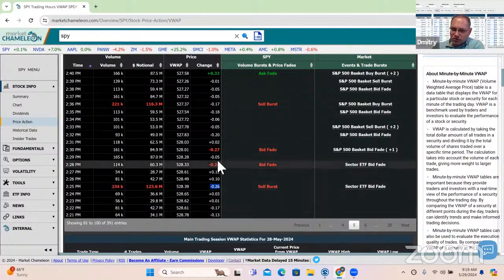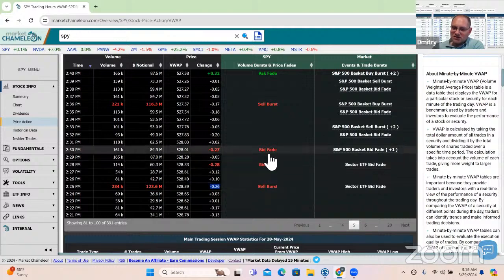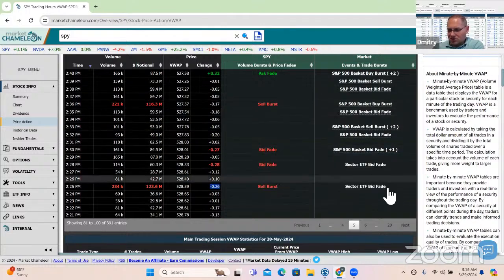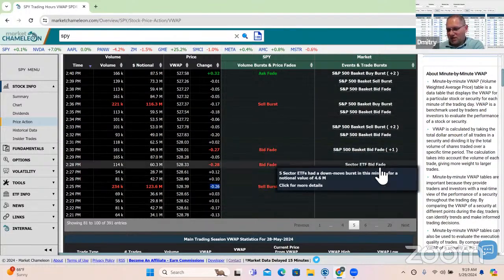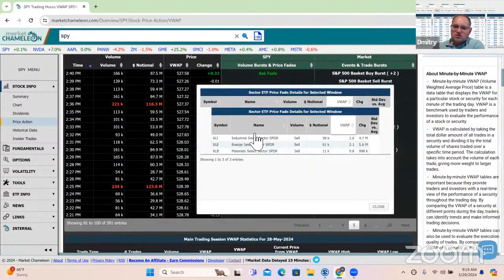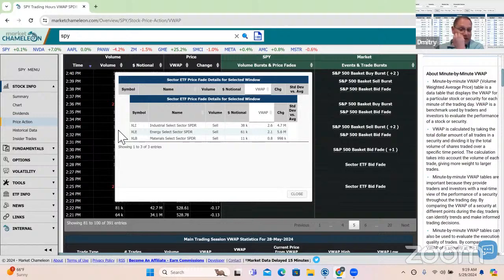Then we saw over here a couple bid fades and another sell burst. So just over here, a general weakening in the market. And we do see sector ETFs here fading. So if we click on that, we could see that there's a sell burst, or I'm sorry, a price fade.